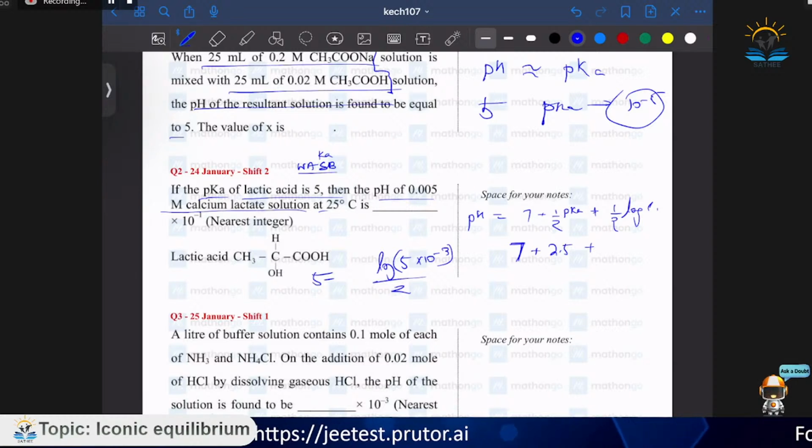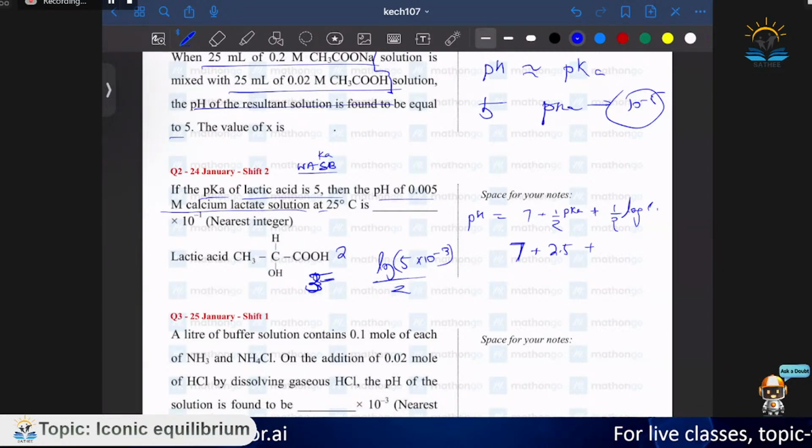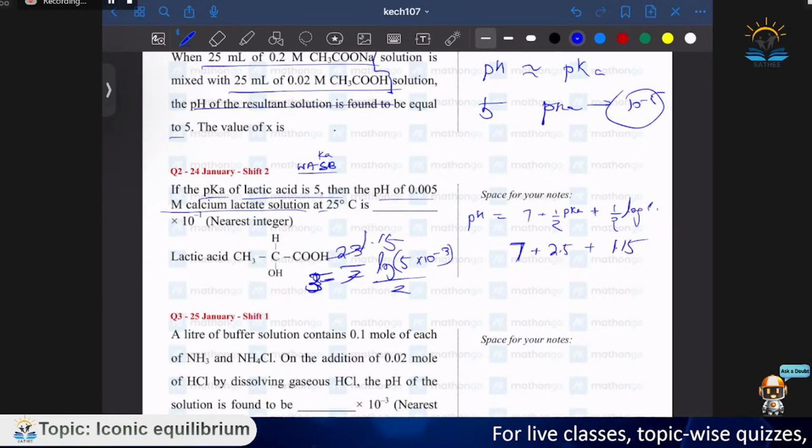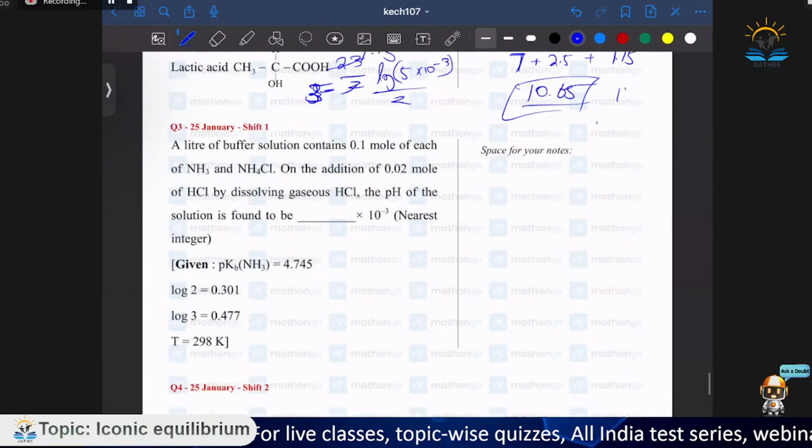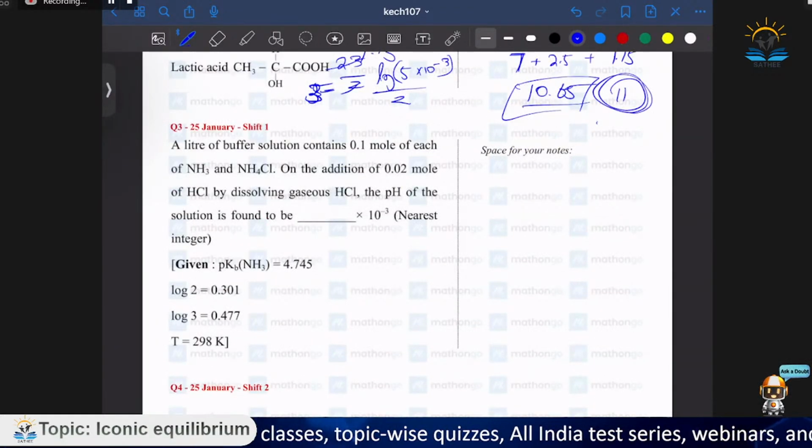Log 5 is 0.7, so 2.3 divided by 2, that is 1.15. So pH is something like 10.65, or 11, you can round off to the nearest integer.